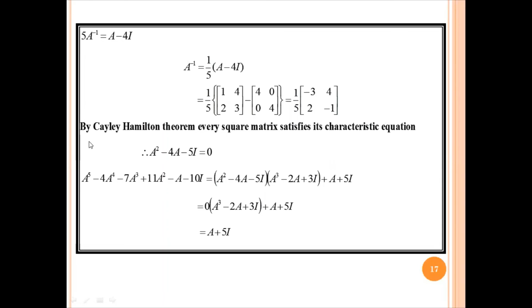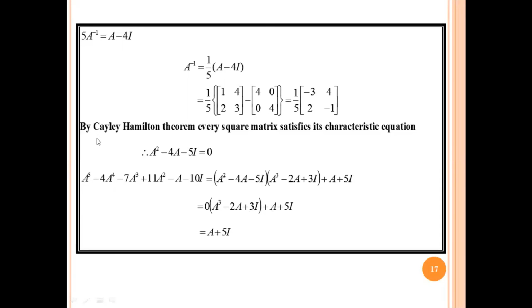Then after that, by Cayley-Hamilton theorem, every square matrix satisfies the characteristic equation. So we got this equation. Now take the given polynomial and convert it into the form of this one, plus A, plus 5I. Now substitute this value here, then we'll get the simple form.